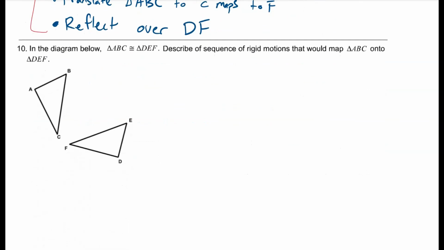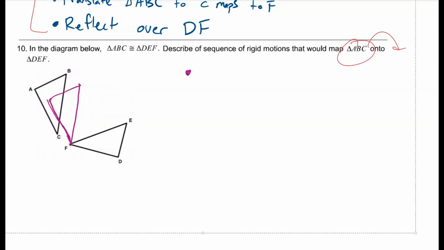I need to describe a sequence of rigid motions that would map ABC onto DEF. So I need to go from here to here. It looks like there was a rotation, maybe there's a reflection of some sort, but it's too hard for me to describe right now. So what I'm going to start with, just so that I can make it easier to describe what's happening here, is I'm going to translate my triangle ABC such that one of my vertices matches up with where I need it to end up.